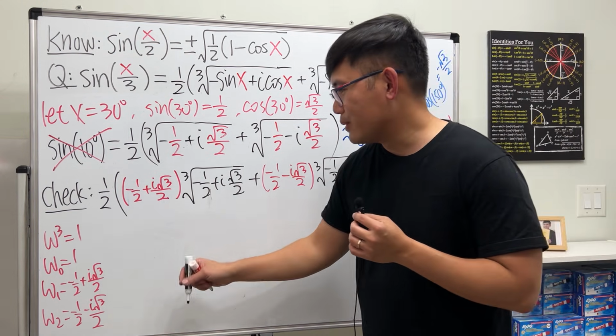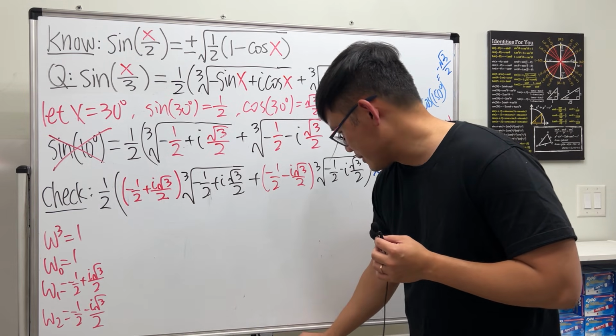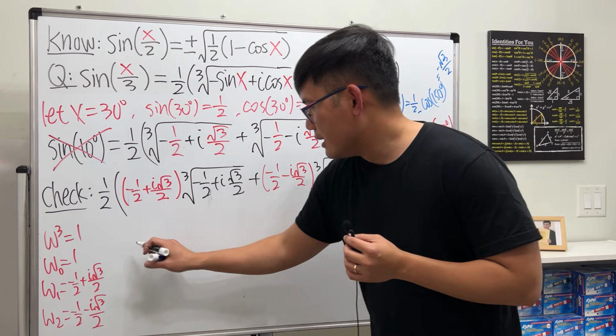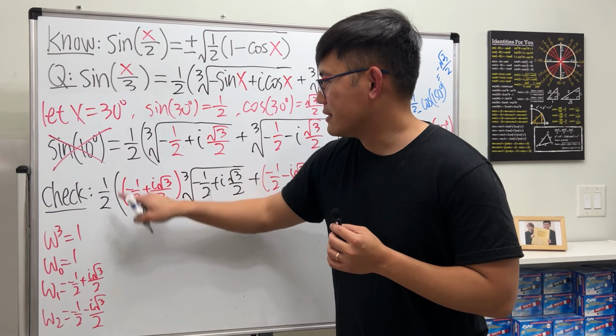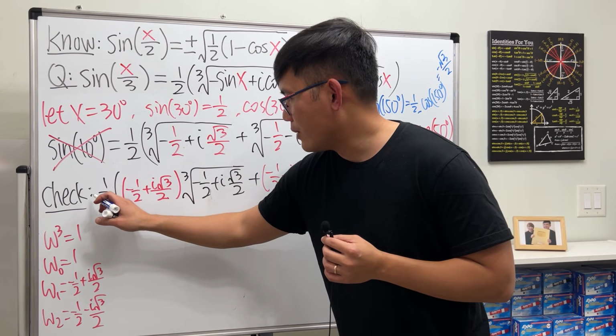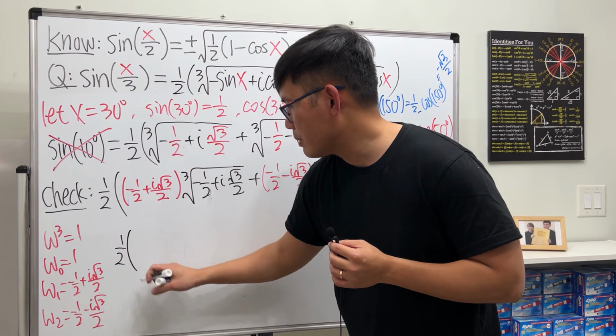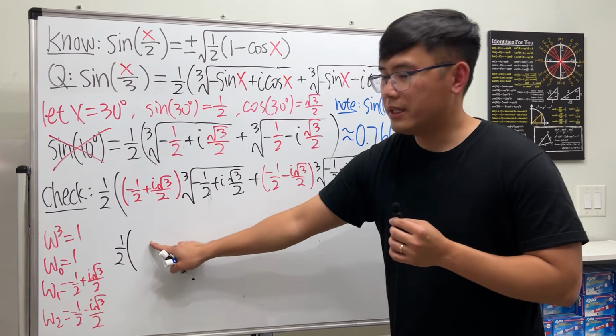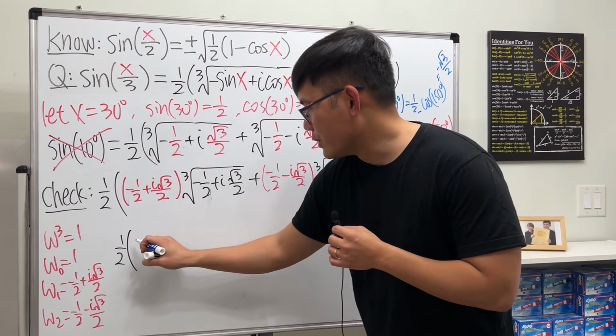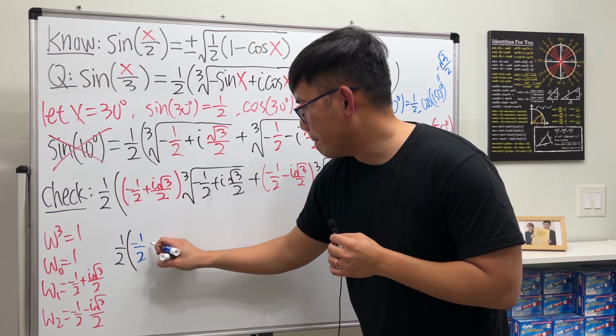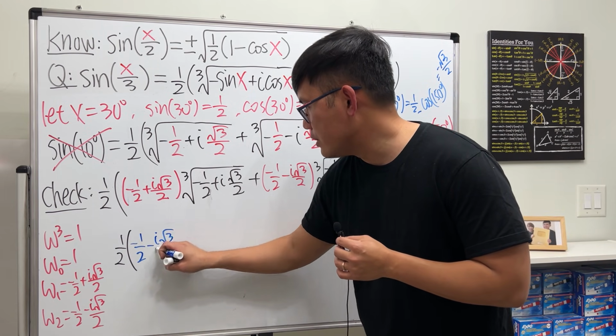So finally, I'm going to just do the other one. I'll perhaps put this down in blue. So this is like the first answer, second answer. Now I'm going to check the third answer, which is 1/2, and we multiply omega 2 with the first part. So we get negative 1/2 minus i square root of 3 over 2.